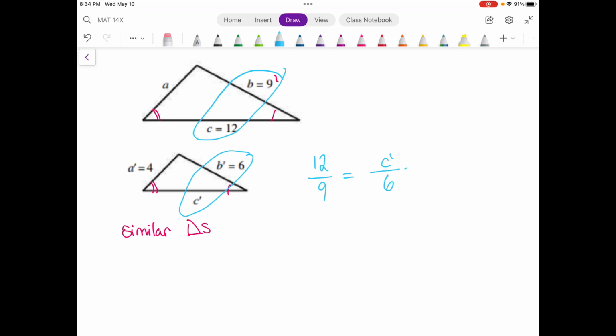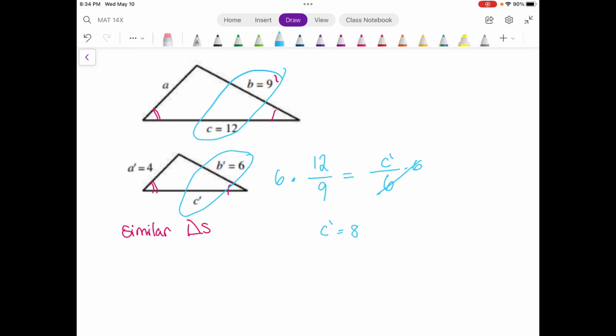And so I can, just like the last one, multiply by 6. And so I'd get 6 times 12 divided by 9, which would come out to the fact that C would need to equal 8.